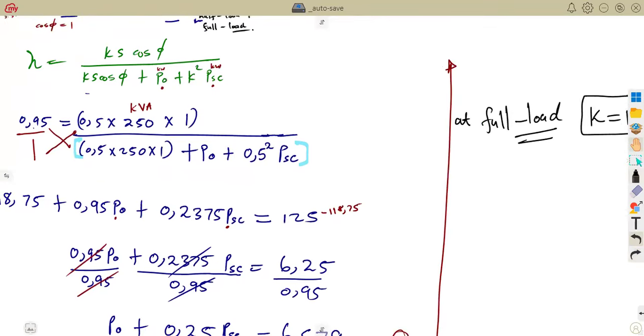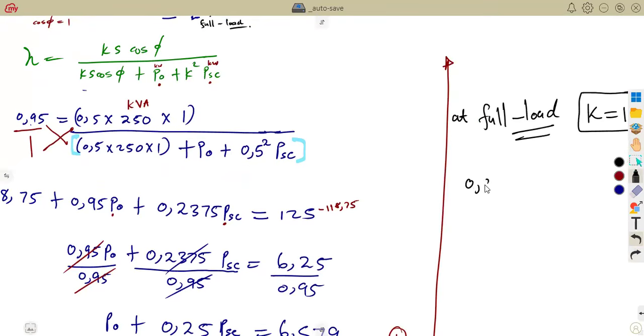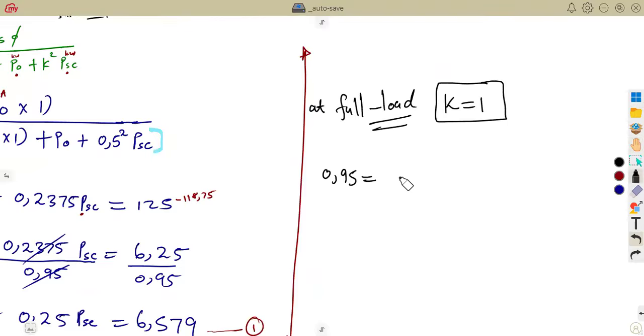So we are going to have our efficiency. Remember, efficiency 0.95 is equal to what? The K part is the only part that is going to change, so it's going to be 1 there. Everything is going to remain as it is. So that's 1 times 250 times the unity power factor. We had a unity power factor, remember.